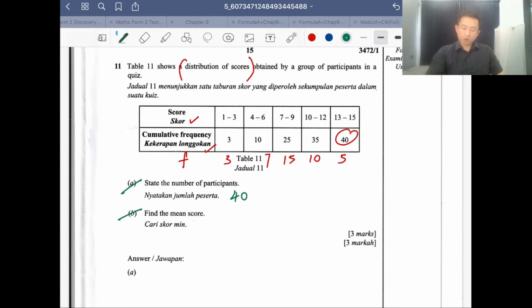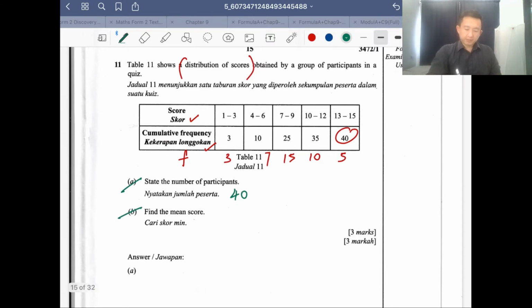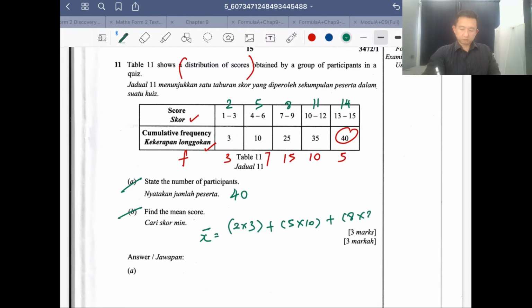Find the mean score. Middle value. Oh, not 25. I should look at the frequency, not the cumulative frequency. Be careful.